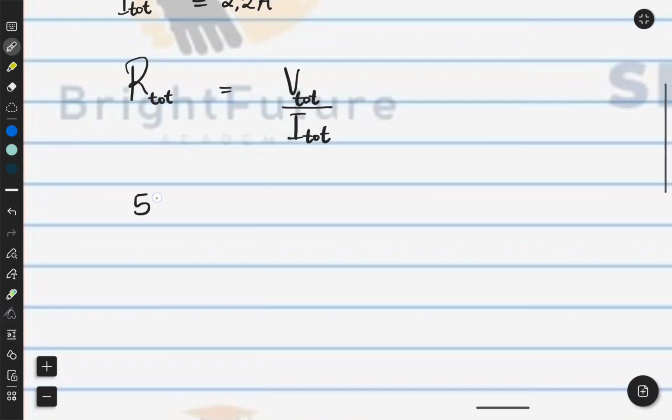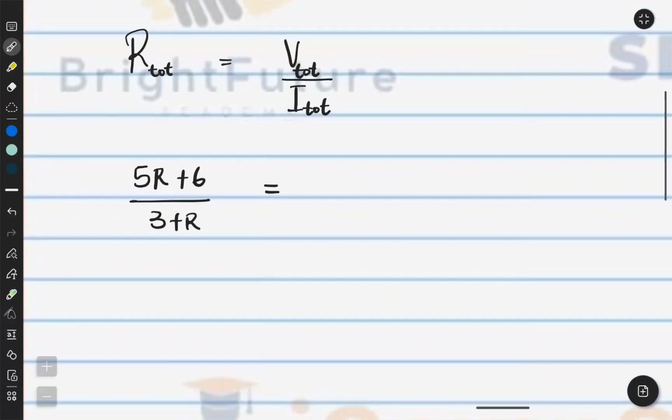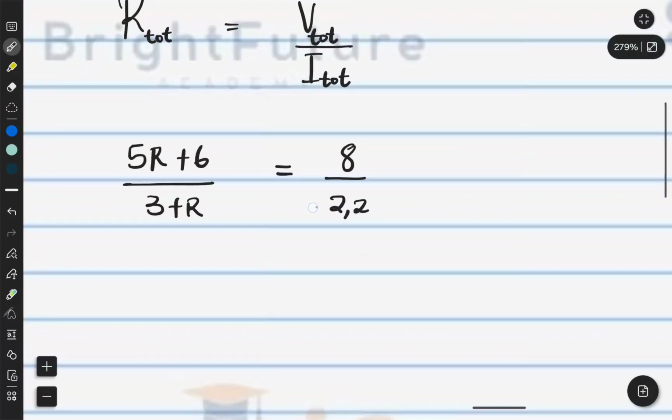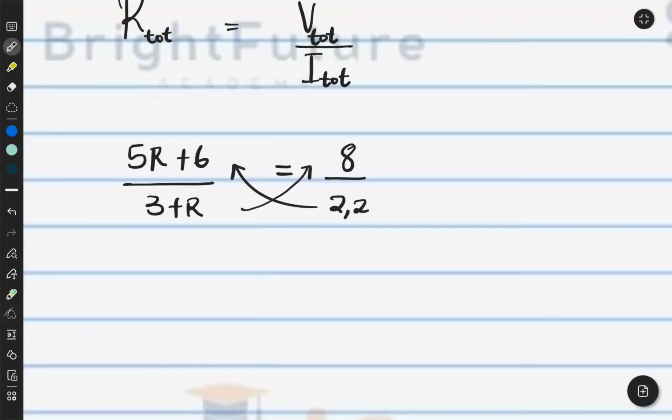Then we know that this is 5R plus 6 over 3 plus R. Okay, and then it's equal to 8, which is my total voltage, remember, divided by my total current, which was 2.2. From here I can solve. Okay, so it's up to you. It's either you cross multiply from here, like this, or you simply simplify the right hand side into one digit and then you solve like that.